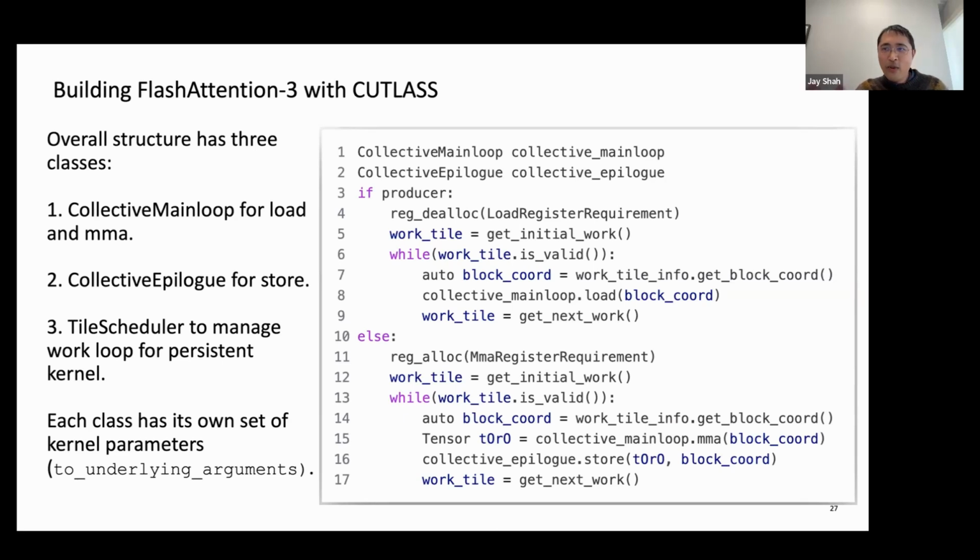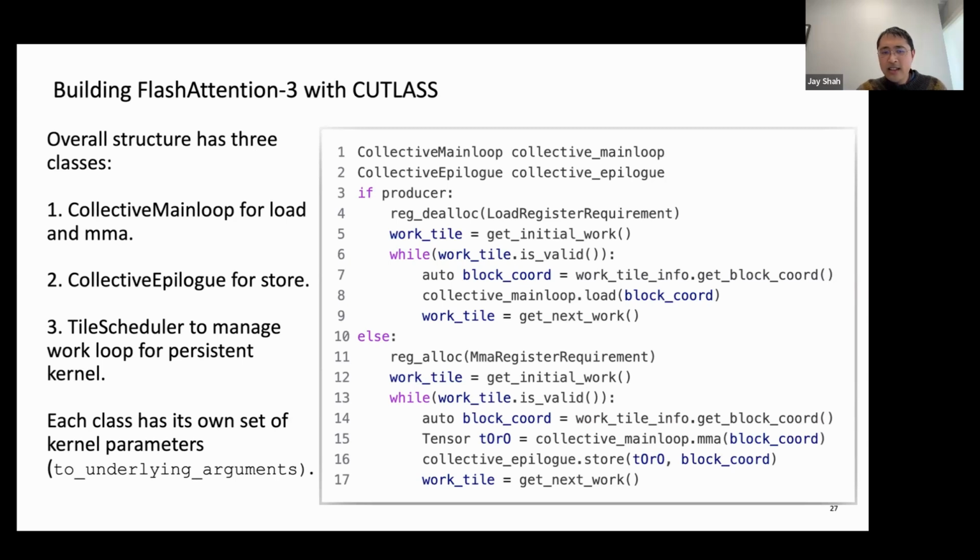So let me discuss, before I look at the code proper, the overall structure of the kernel. A Cutlass kernel, like with a GEMM kernel, but we use the same structure for attention, comes with three classes. We have a collective main loop to which we delegate the load and the MMA operations, or the load, in our case, the compute. A collective epilogue for doing store, and a tile scheduler to manage the work loop, which is important when using a persistent kernel to assign the CTA the work tiles that it operates over.